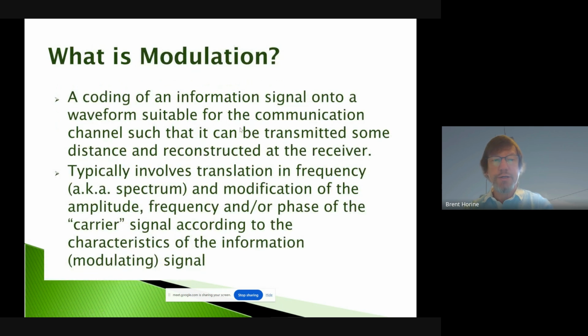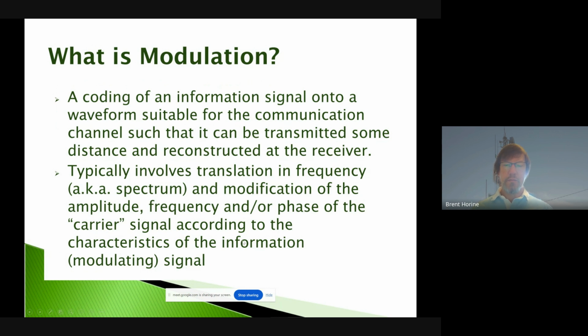So what is modulation? It's a coding of an information signal onto a waveform that's suitable for the communication channel that you're provided, right? So such that it can be transmitted some distance and reconstructed at the receiver. This typically, especially in wireless communications, but even in wired systems, involves a translation of frequency, also known as spectrum, and the modification of the amplitude, frequency, and or phase of the carrier signal according to the characteristics of the information or modulating signal.